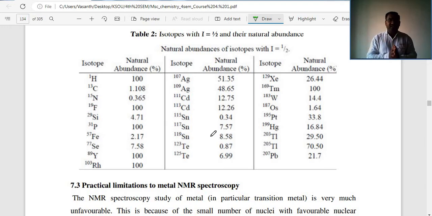These are all different isotopes that exist in nature, and the percentages of natural abundance are mentioned in the table.